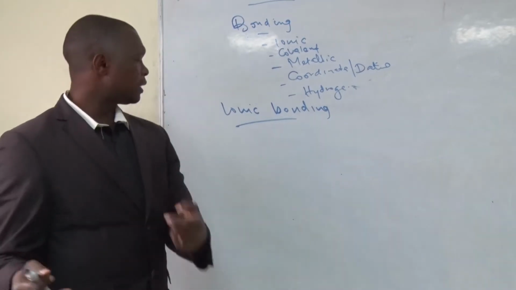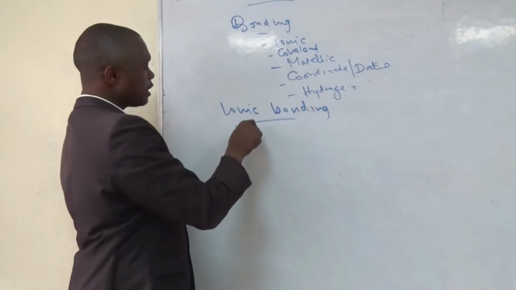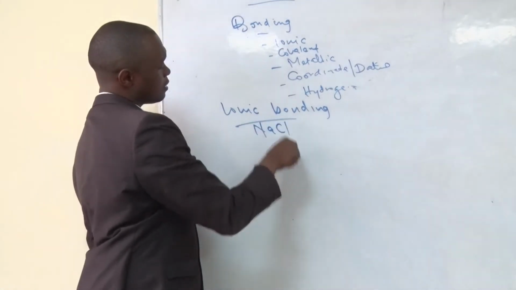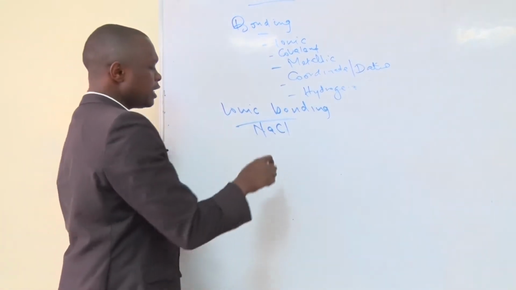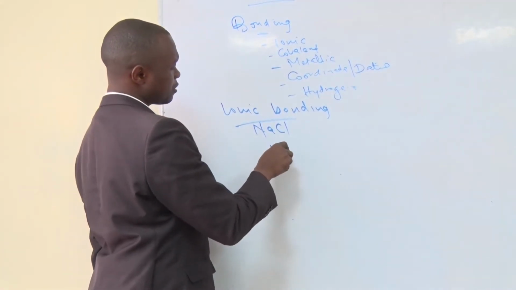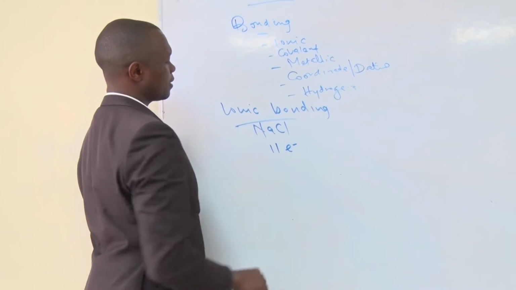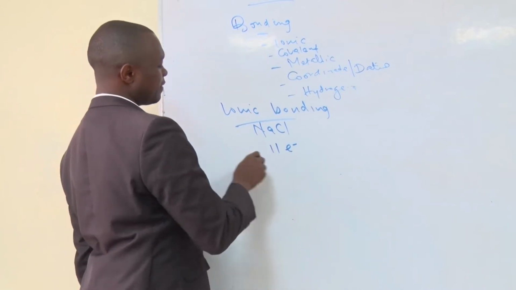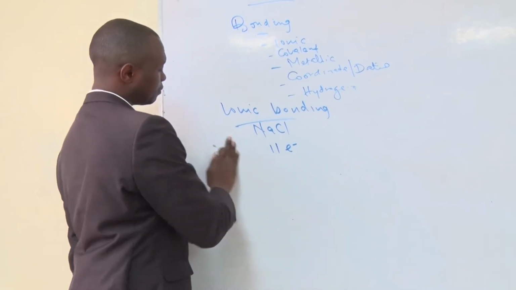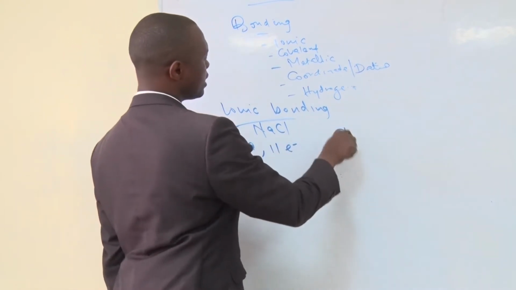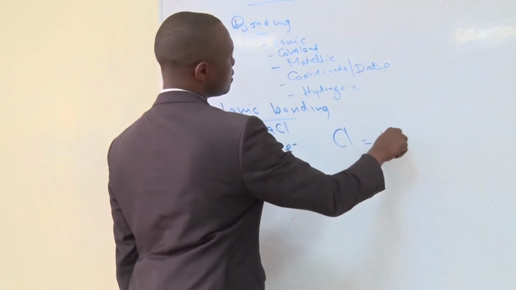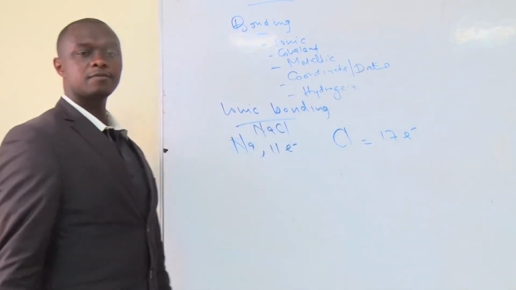And a good example I want us to look at is the formation of sodium chloride, table salt. We know that sodium has 11 electrons, whereas chlorine has 17 electrons.